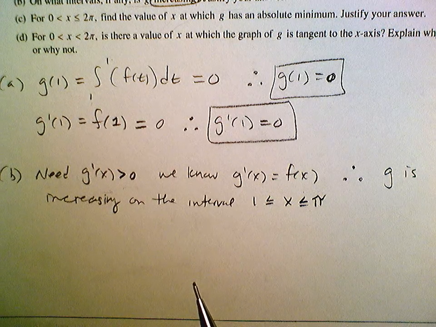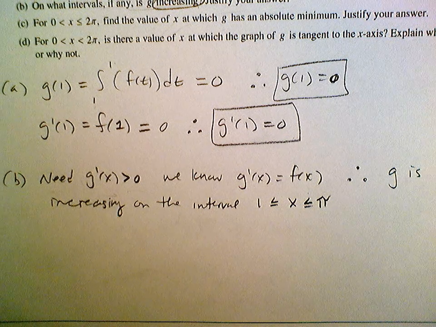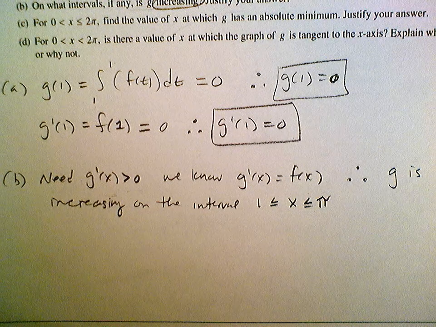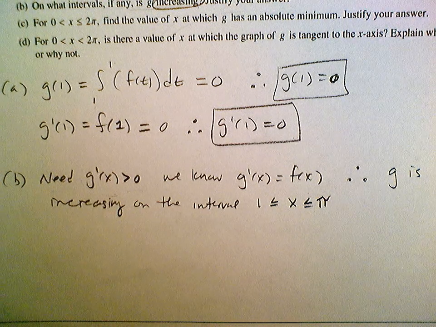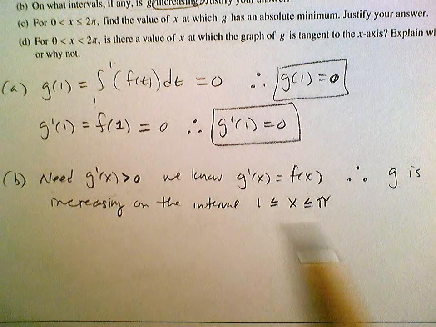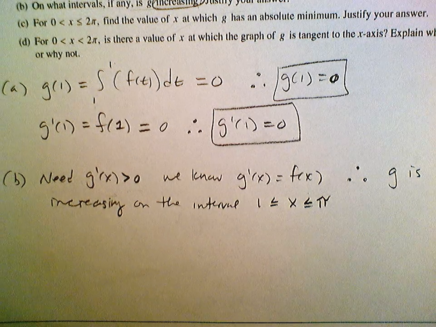And you might say to yourself, well, at these endpoints, the function is neither increasing nor decreasing because that's where the derivative is 0. But we could talk more about that in class. But I do understand, I personally do understand why they're including the endpoints. So let me save that for an in-class discussion.